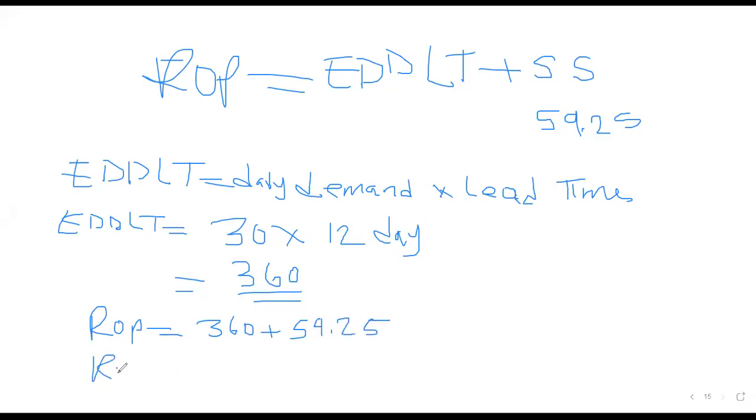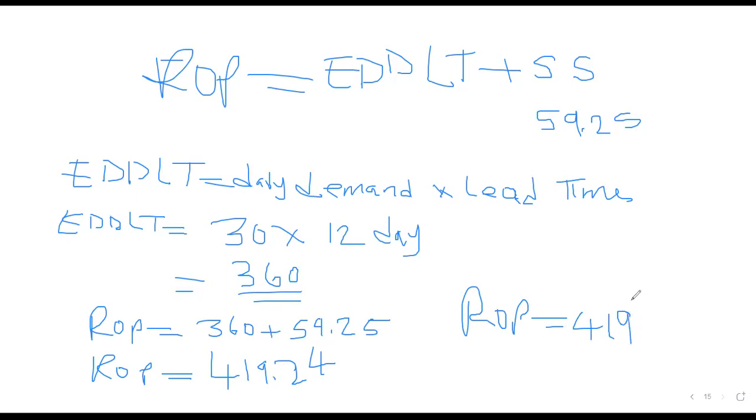So our order point is 360 plus 59.25, giving us 419.24. If we use the whole number here, the order point will only be 419.